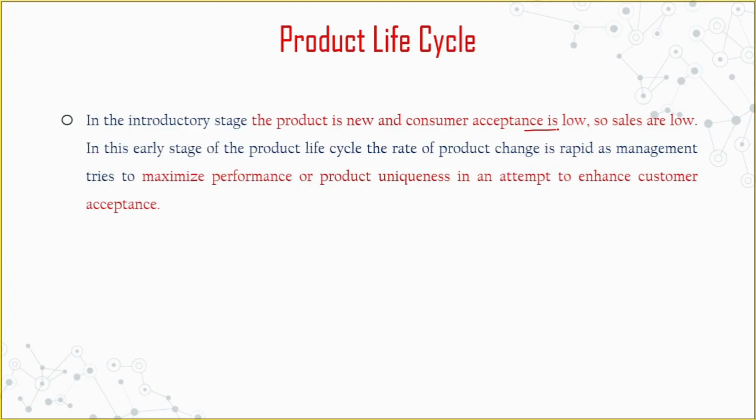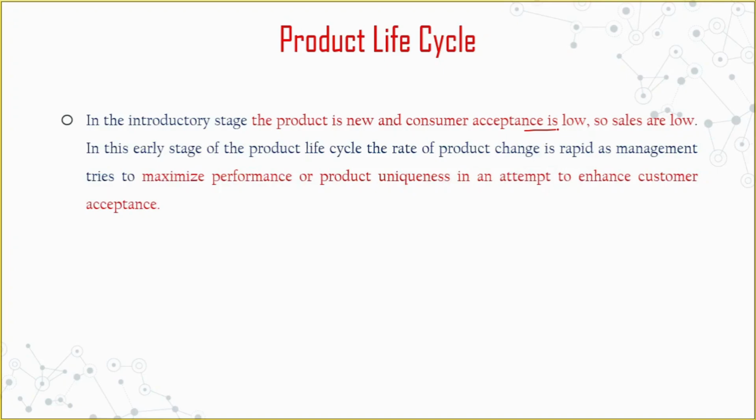In this early stage of the product life cycle, the rate of product change is rapid. Why? Because the management will try to sell their product as much as they can. They will try to change the specifications and adopt various strategies. Why are they doing it?